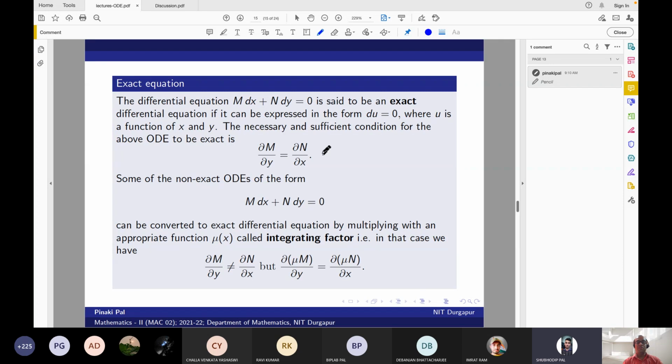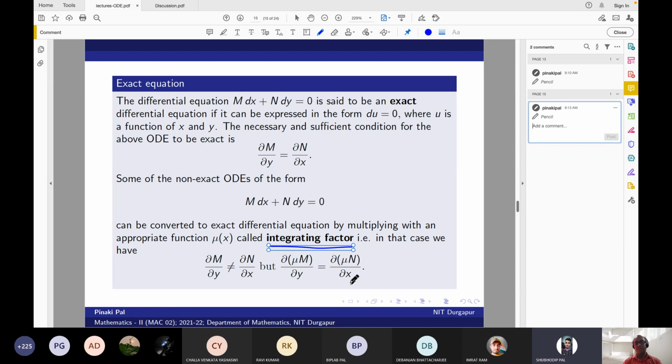And if it is not exact, then in some cases we can multiply the differential equation with an appropriate factor, which is called an integrating factor, such that the resulting equation becomes exact. That means del y of mu M is equal to del x of mu N, where mu is the integrating factor.